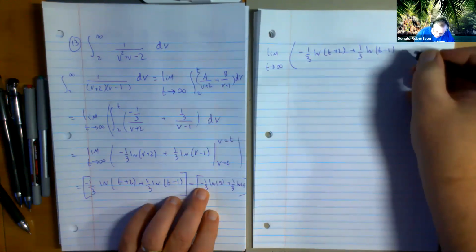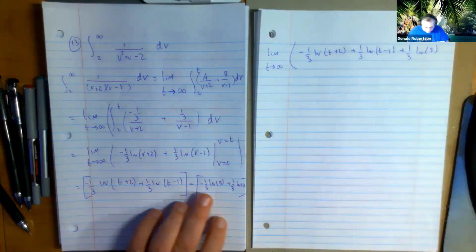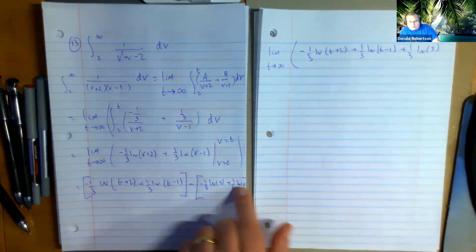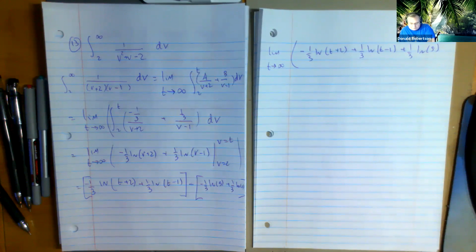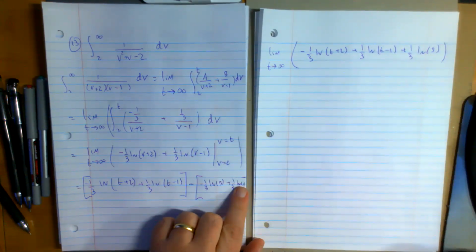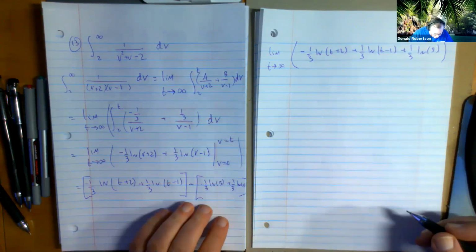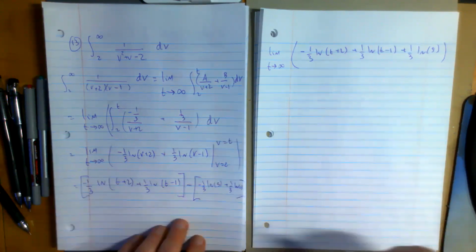Take away a negative is add 1/3 of this guy. But why am I not bothering about the 1/3 log 1? That's supposed to be a 4, isn't it? What, this one here? The natural log. Which one should be a 4? Before that. So it's 2 plus 2. Oh, thank you.